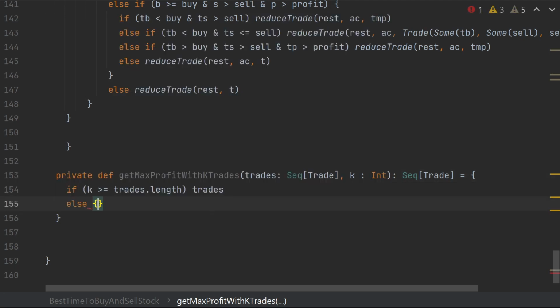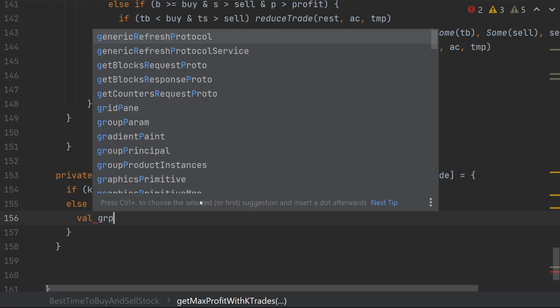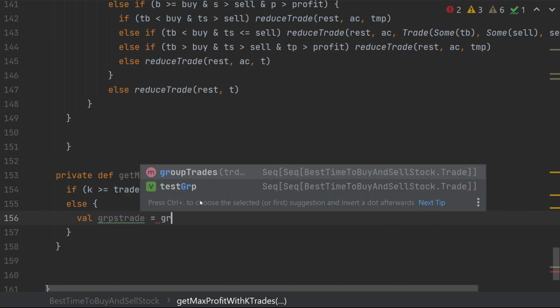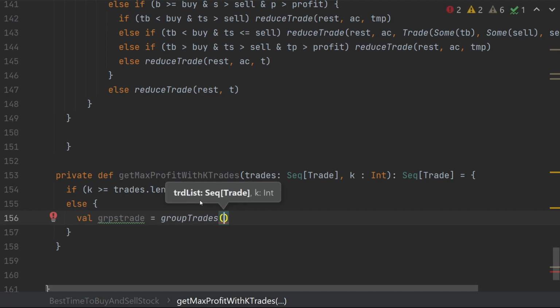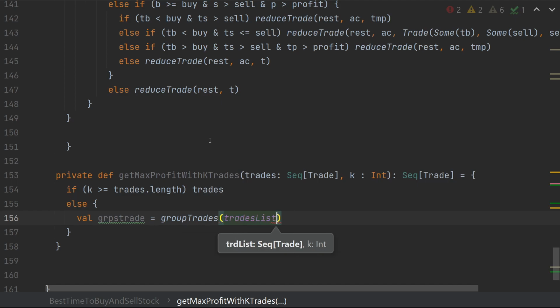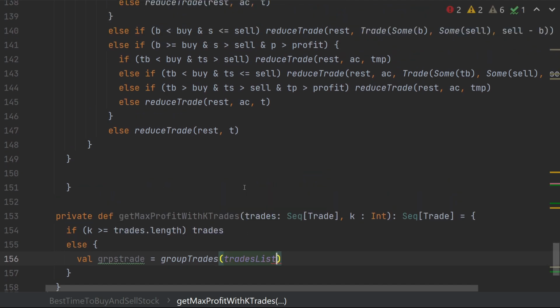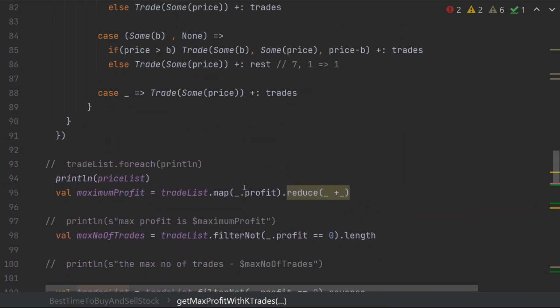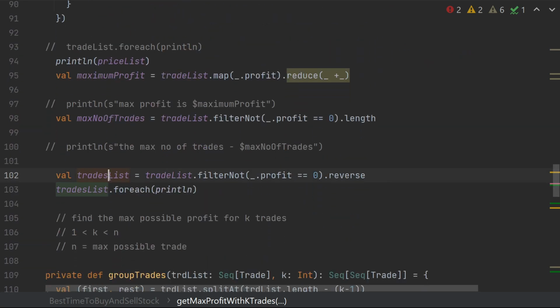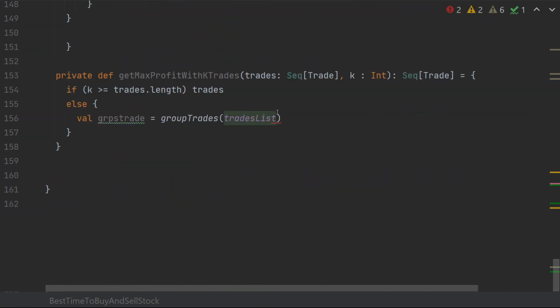Now the else condition, here first is we are going to call the groups of trade. So it is going to be group trade where we had this trades list. So let's see if this is the one which we are looking out for. Max profit, yes, trades list. All right, this is perfect, and then we are going to call this k.